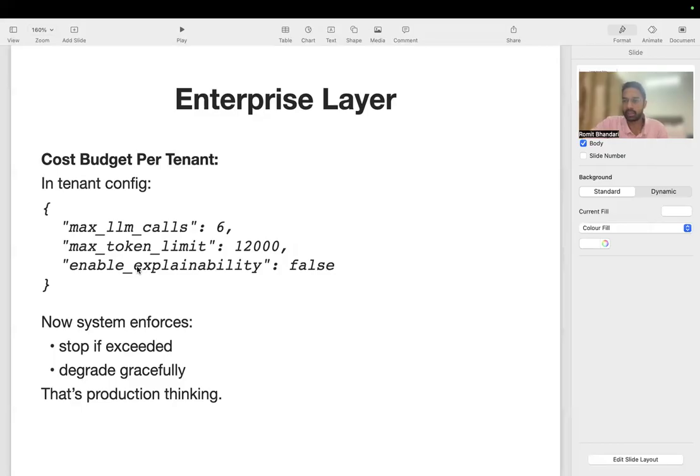Because obviously the stakes are not that high, and on the other hand, if it's a high stakes customer, then you enable explainability, and you are okay with also pushing in more tokens, because obviously you want a better quality output for that customer. So you can make it tenant based as well, instead of just going with an approach which is not robust, and which is not cost efficient, right?